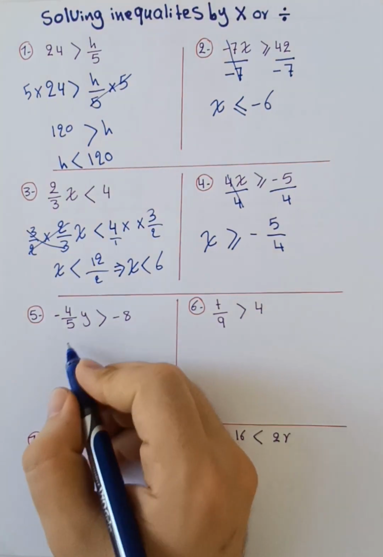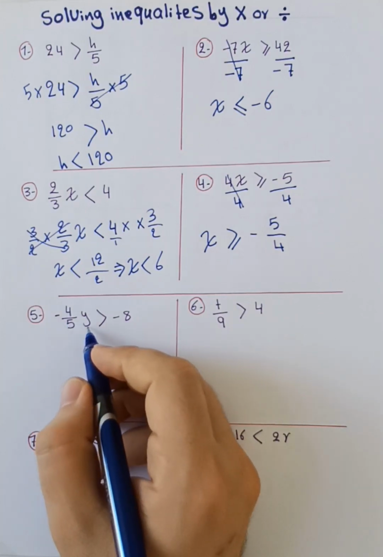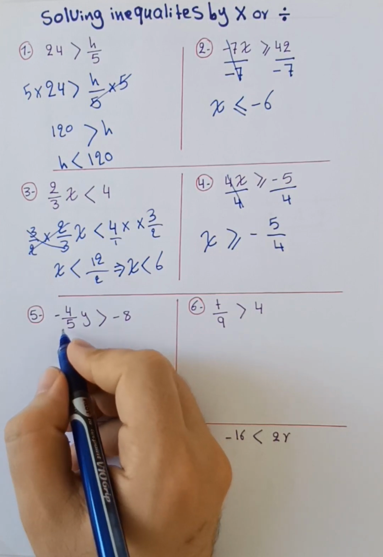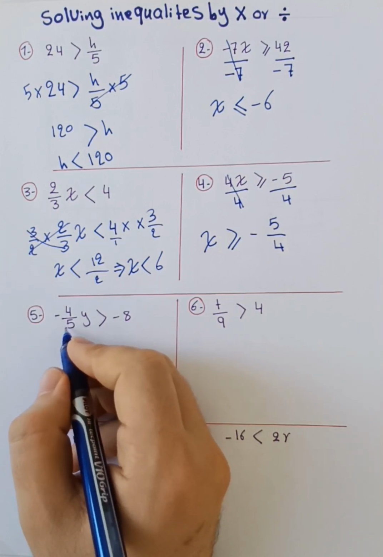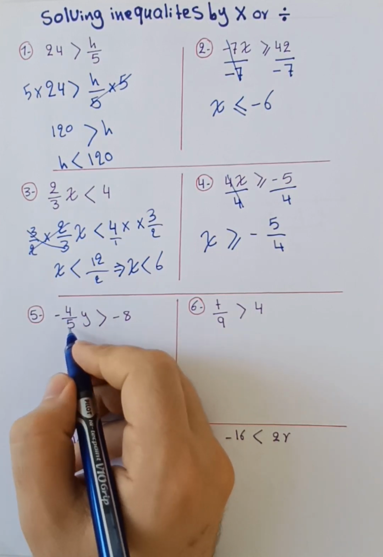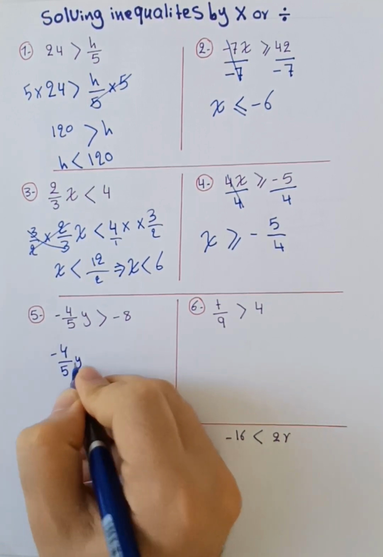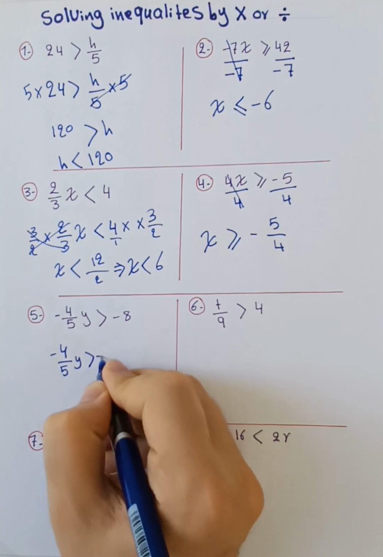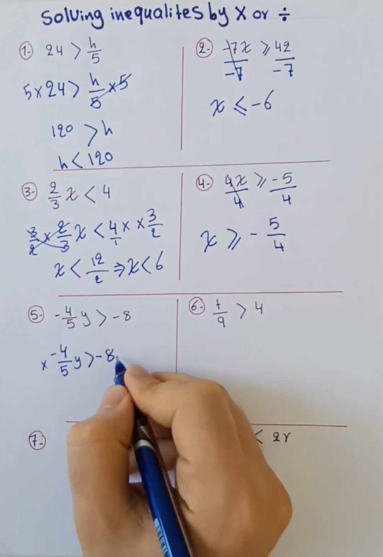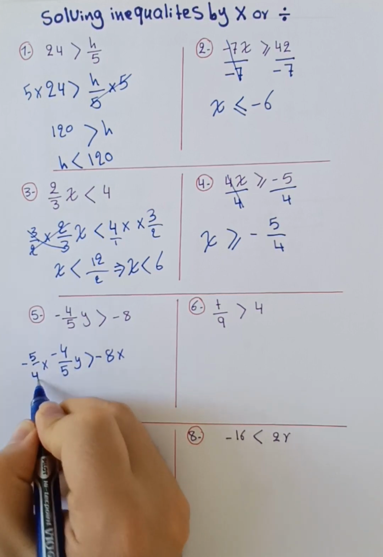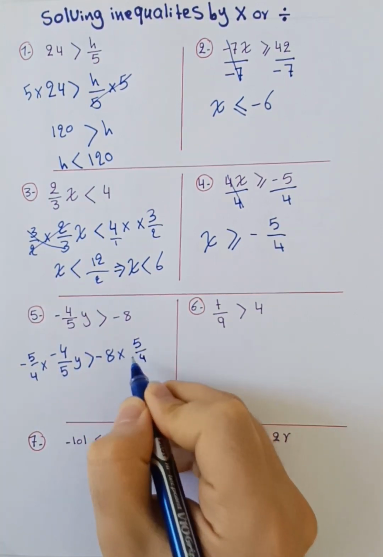Example number 5, we have negative 4 out of 5 y greater than negative 8. So we can multiply both sides by the reciprocal of 4 out of 5. We have to multiply both sides by negative 5 out of 4.